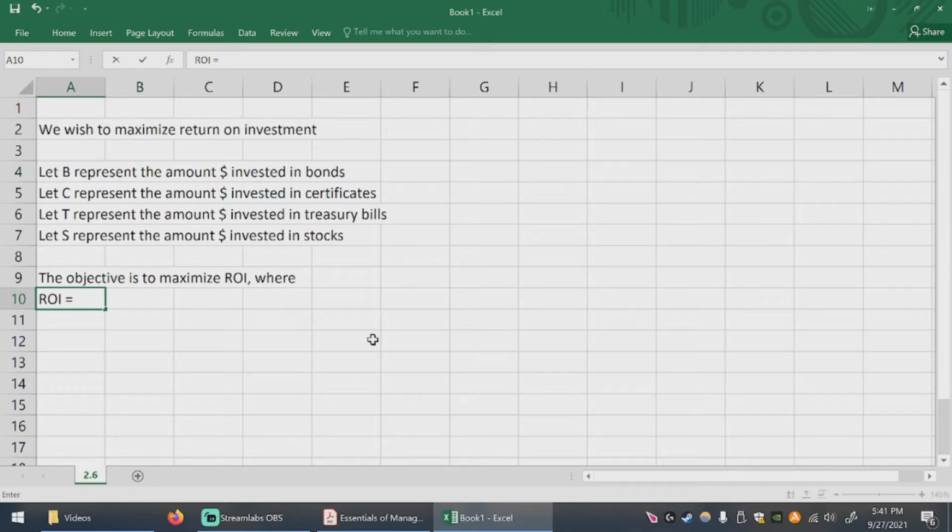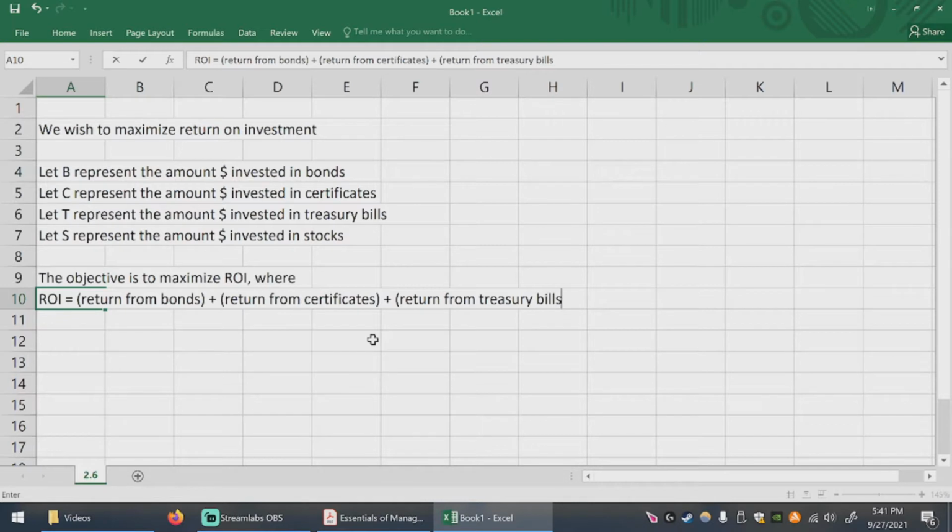So it's the return, I'm going to put it in brackets, return from bonds plus return from certificates plus return from, I'm just going to say treasury bills.